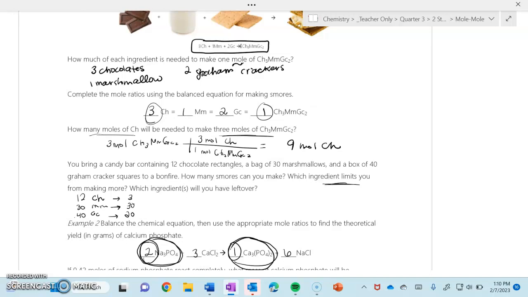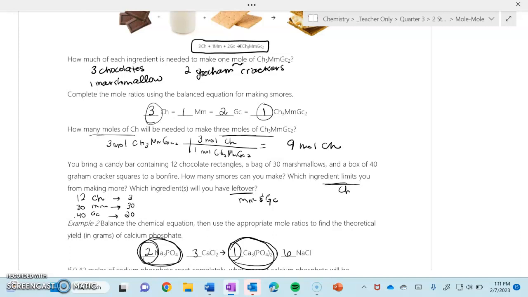I will still have graham crackers and marshmallows, but according to our equation, that is not the recipe for a s'more. So my ingredient that will limit me is going to be my chocolate, and my leftover or my excess ingredients is the marshmallow and my graham crackers.